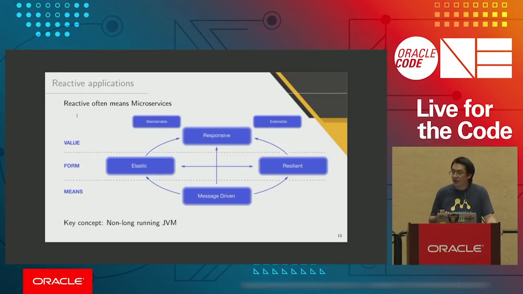In the reactive application sector, you will basically have applications that are message driven, in which the services will be activated depending on how much traffic is reaching your server. So to react better to the traffic, you will have to provide elastic services in which you react to the peak of the traffic.